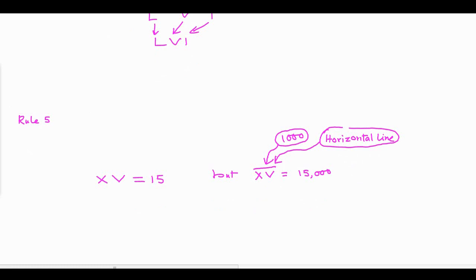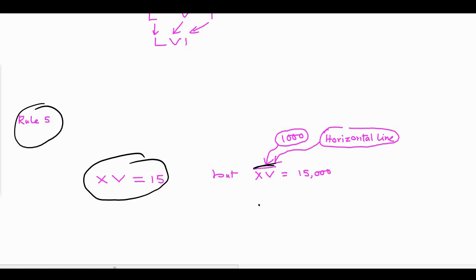Now we have to proceed to rule number 5. Rule number 5 is very easy. In rule number 5, we can write 15 like this, but when there is a horizontal line on the number, that means the number is multiplied by 1000.